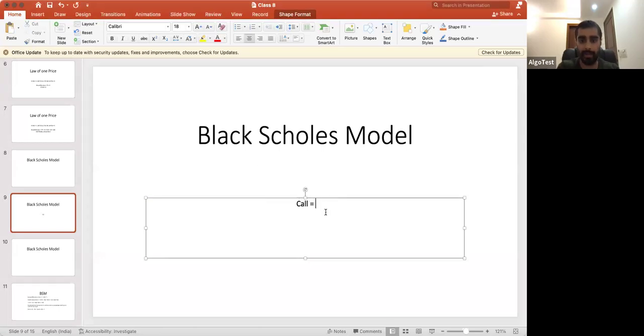So call is the same as delta shares. Which means that if I buy one call which is at the money, an at the money call has 50 delta, right? So it's equivalent to being long 0.5 shares.